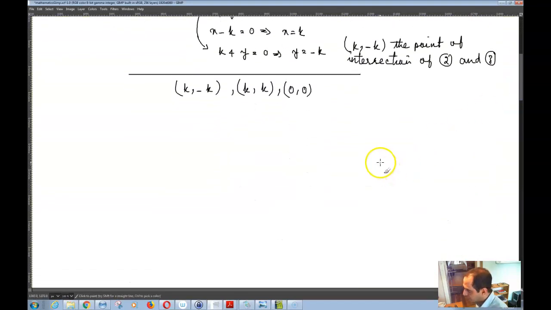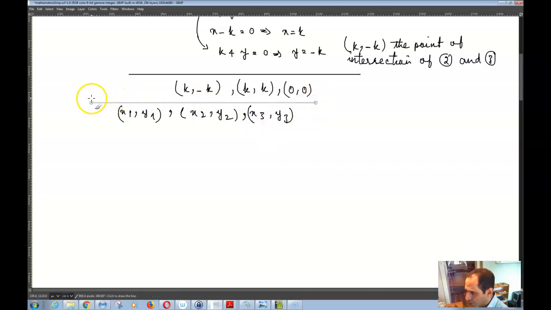So now we said that the area of a triangle having 3 vertices x1, y1, and x2, y2, and x3, y3.